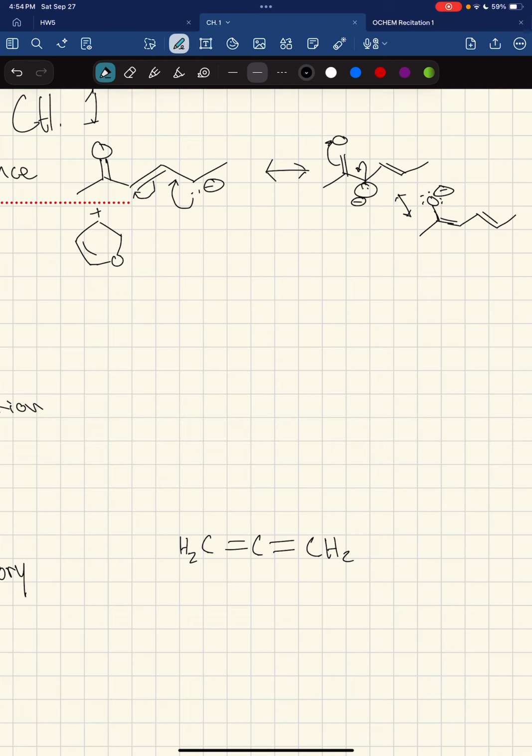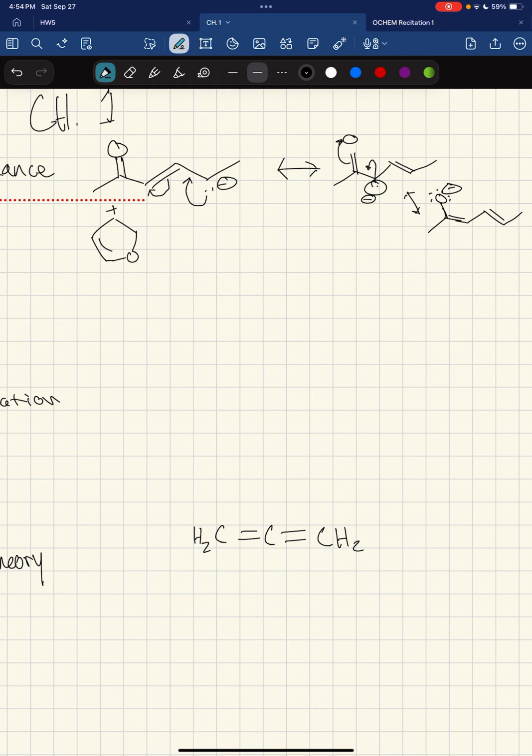That's done pretty well here. They all have 2 double bonds and that many sigma bonds. We're not going to count it out. And in this case, the most negative charge is on the most electronegative atom. You can see that in this one, the negative charge is on the oxygen, which is the most electronegative atom. So that's going to be the major contributor, or the major resonance structure.